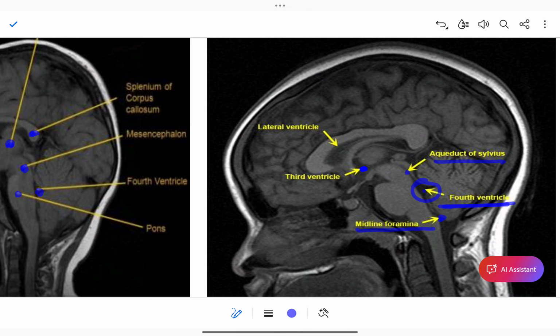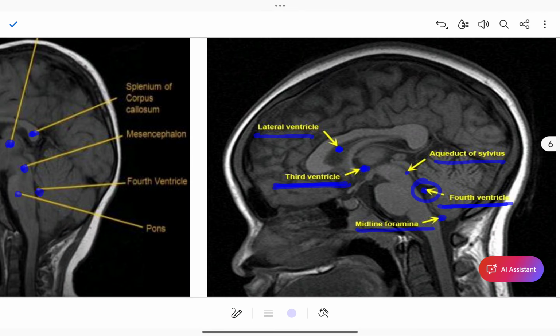This part is the third ventricle. Maybe next time they will ask the third ventricle, not the fourth ventricle. Fourth ventricle is a very common question. So maybe next time they will ask the third ventricle, or they can also ask the lateral ventricle. If not third ventricle, not fourth ventricle, then they will ask lateral ventricle.